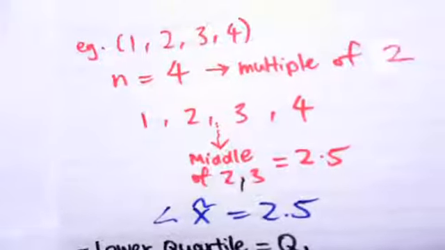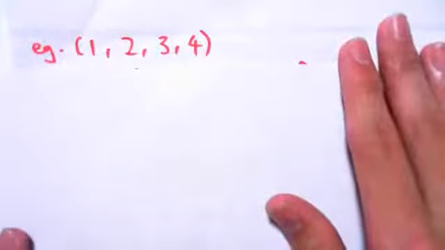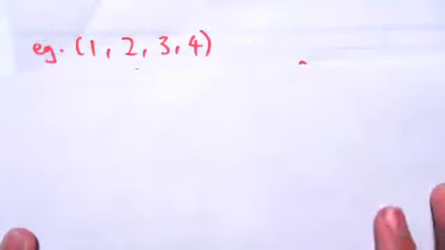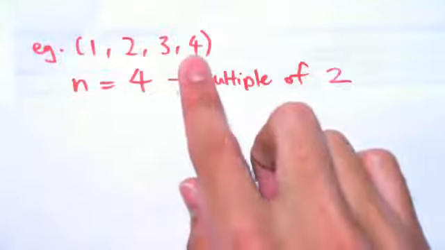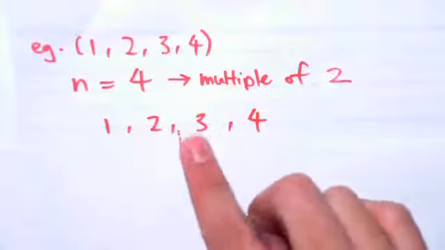So let's go to a special case where, for example, your sample size was a multiple of 2. Let's say we have a new sample set here, 1, 2, 3, 4. Our sample size is 4 because we have 4 numbers here, which is a multiple of 2. Again, we write them out, 1, 2, 3, 4.